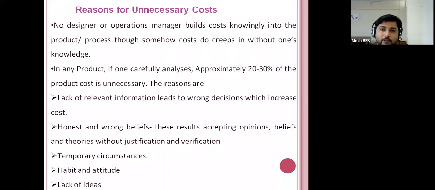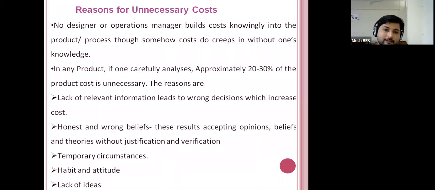It happens because of not having proper knowledge related to the product and not having proper information about the things, and because of that these costs are inculcated in the product. If you take any product, 20 to 30% of the cost of that particular product is considered to be unnecessary cost. So here the problems are listed.